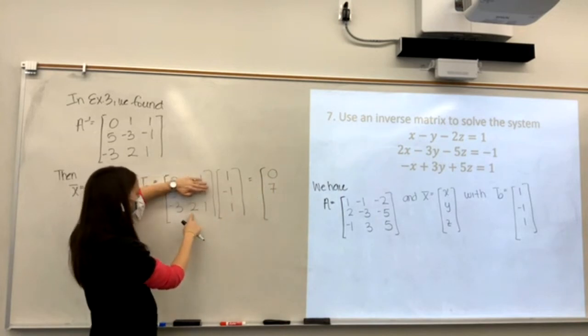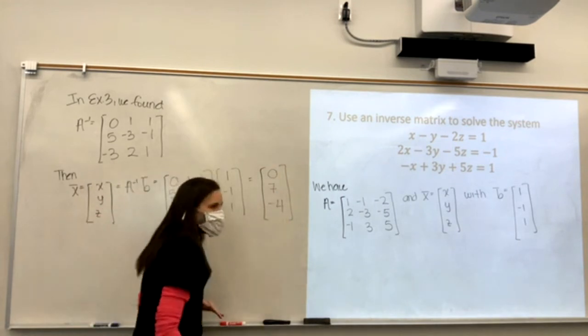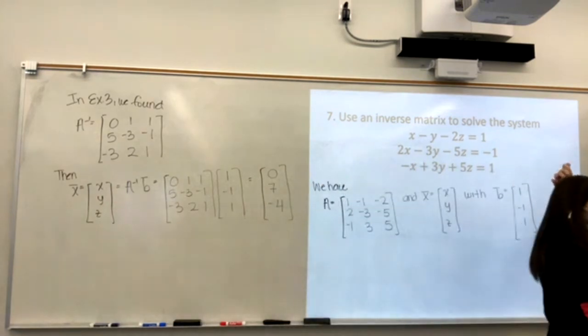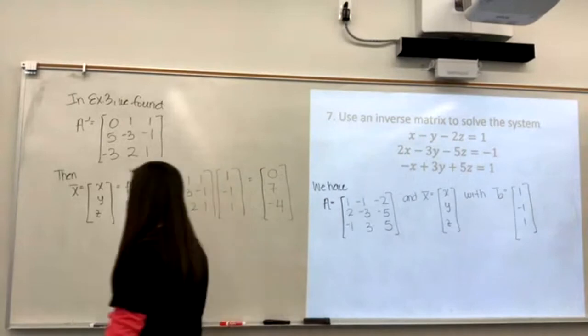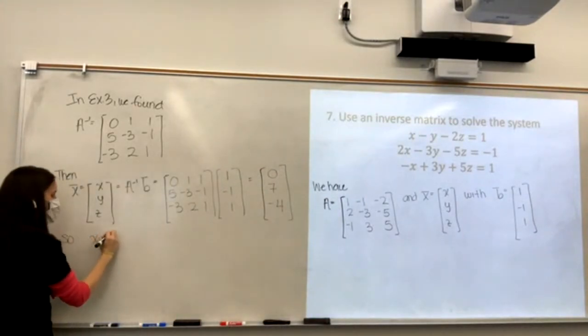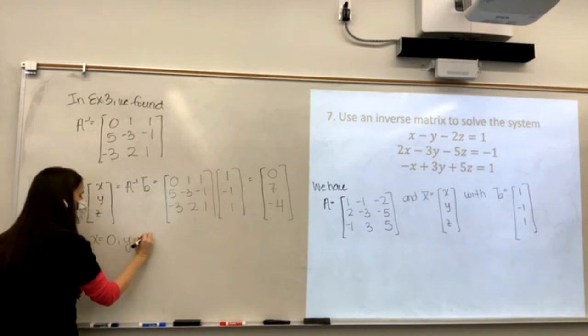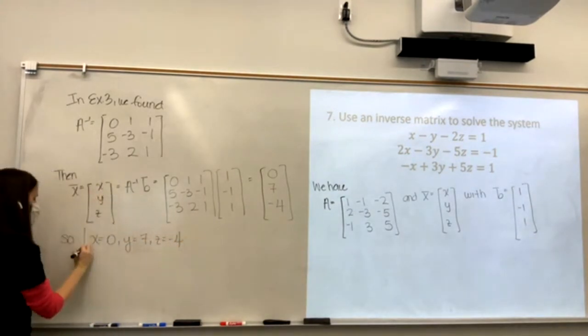Negative 3 minus 2, so that's negative 5 plus 1, looks like negative 4. All right, so that gives us our answer. X is 0, Y has to be 7, and Z has to be negative 4.